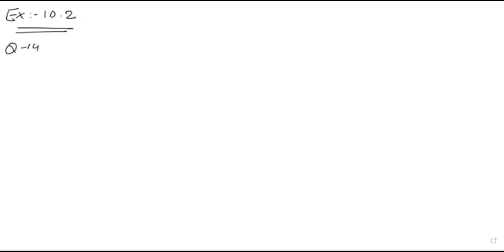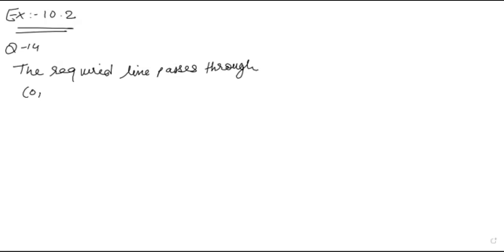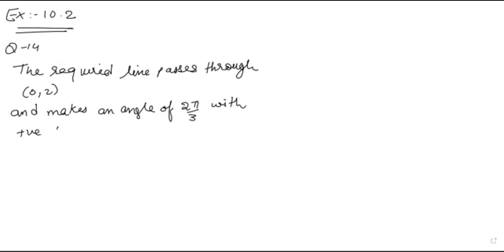So first of all, we will find the required line. The required line passes through (0, 2) and makes an angle of 2π/3 with the positive direction of x-axis.